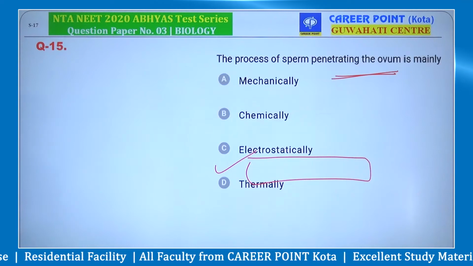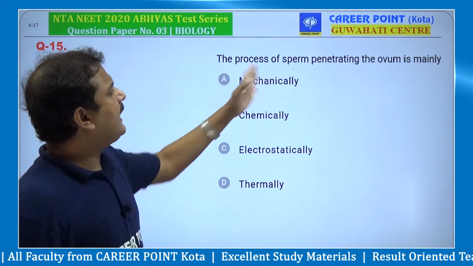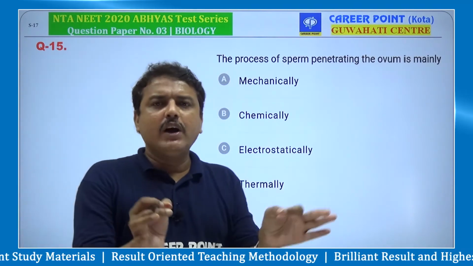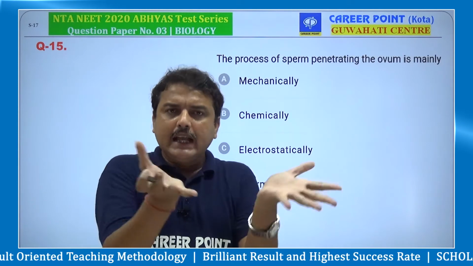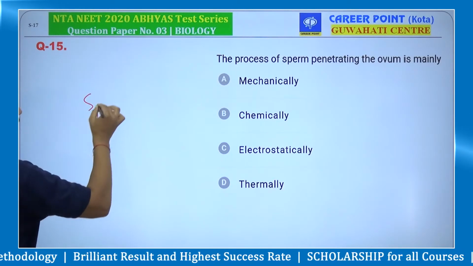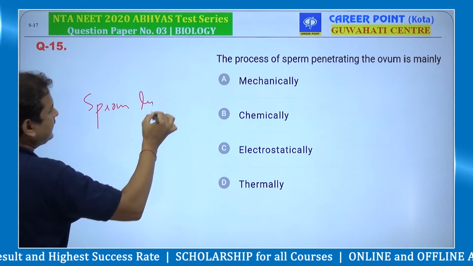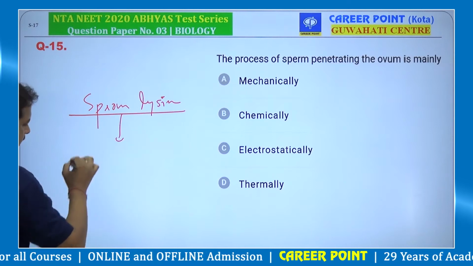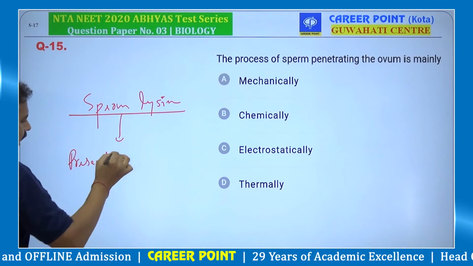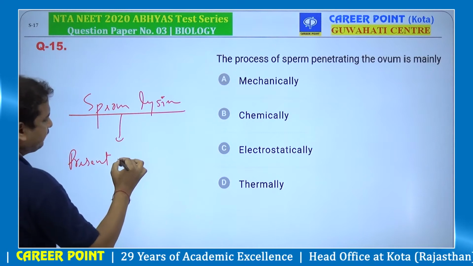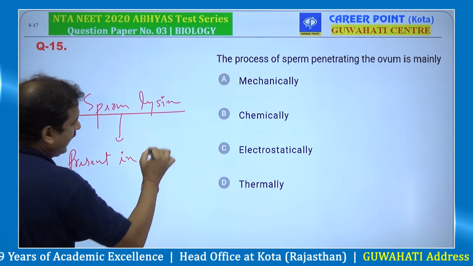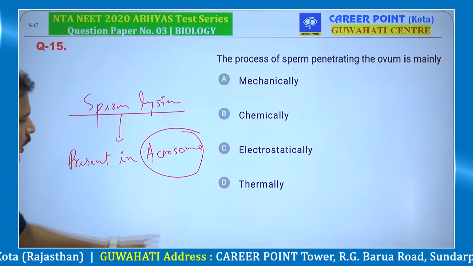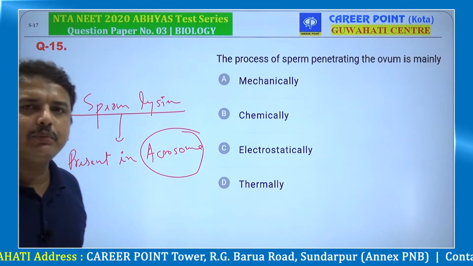Clear? Next. The process of sperm penetrating the ovum is mainly, please remember, sperm can penetrate the ovum with the help of some enzymes, and those enzymes are called sperm lysins. These are present in the acrosome. As you know, the acrosome is a modification of the Golgi complex, located at the tip of the sperm head.